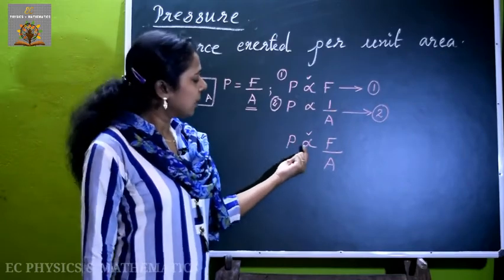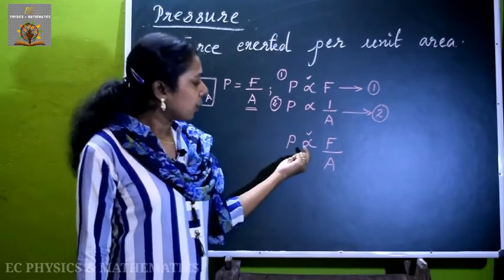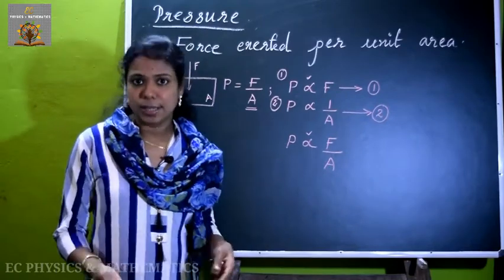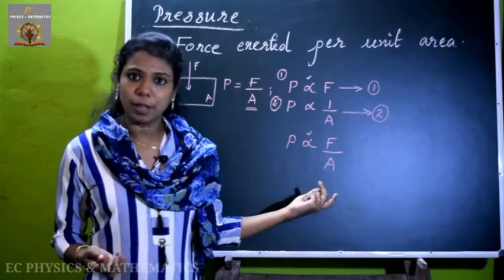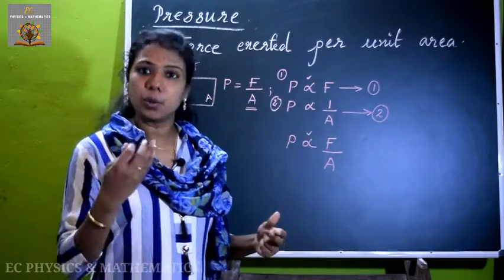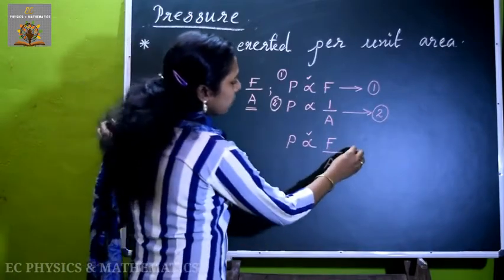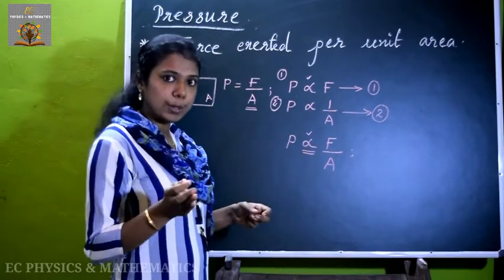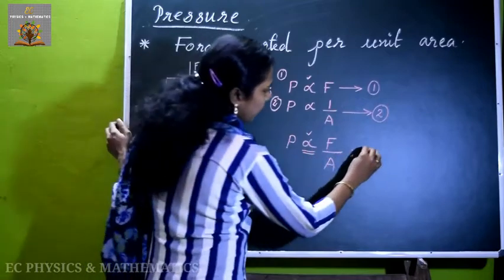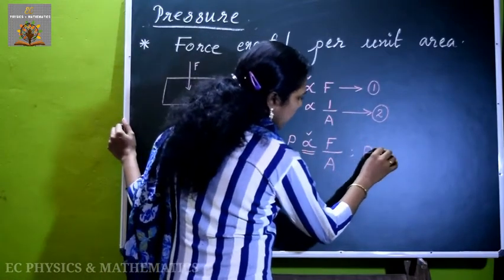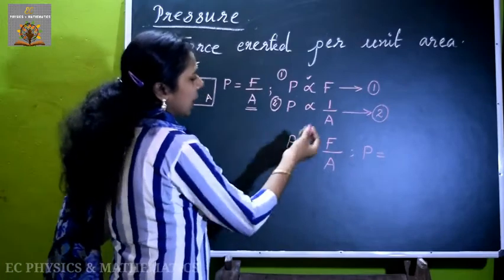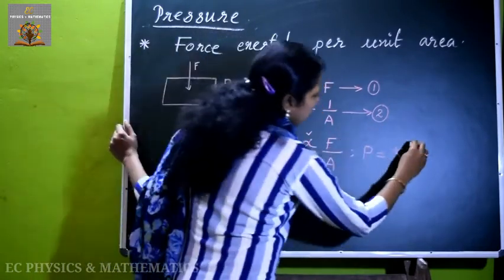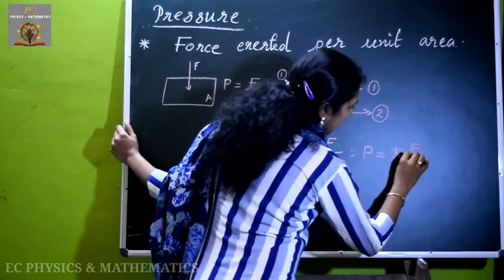To remove this proportionality sign, we need to introduce a constant, because we need a formula, an equation, so we need an equal sign. So P is equal to K into F by A.